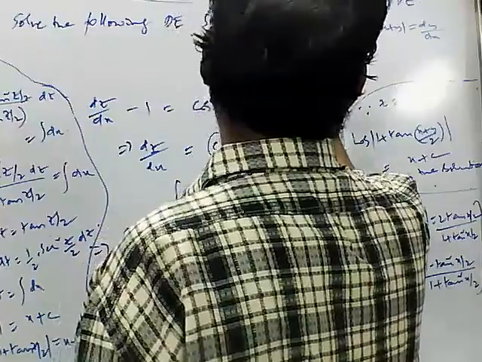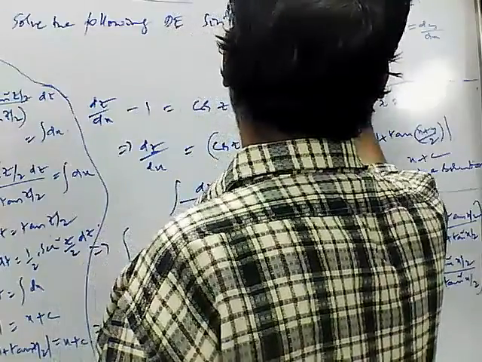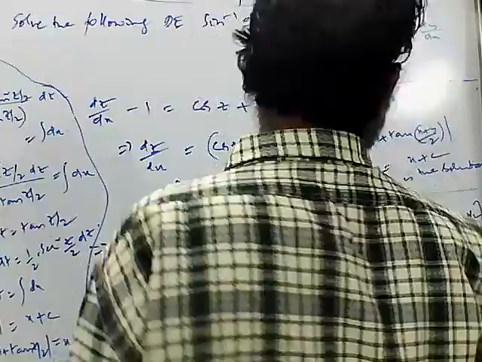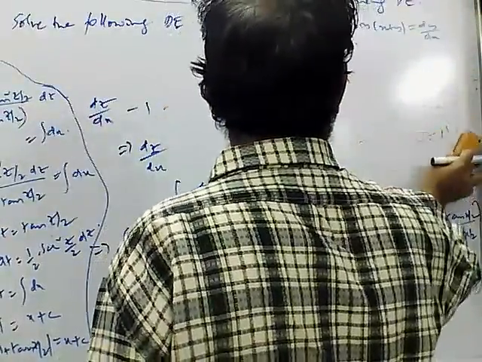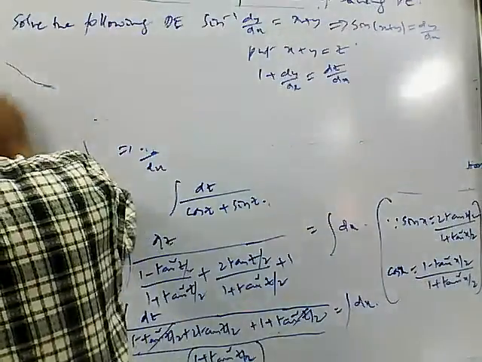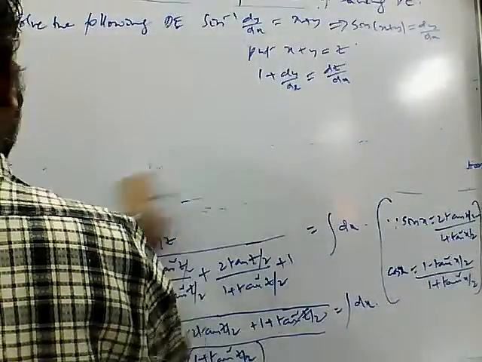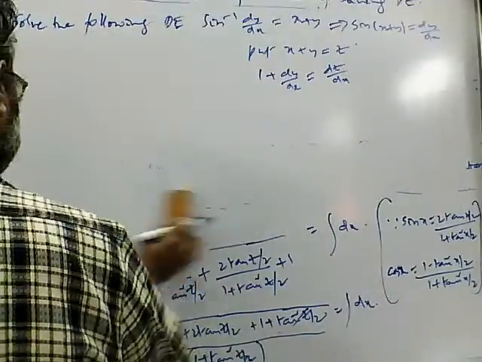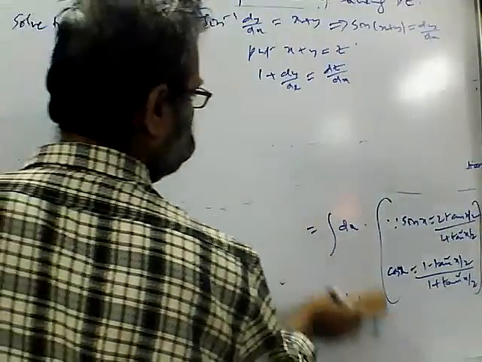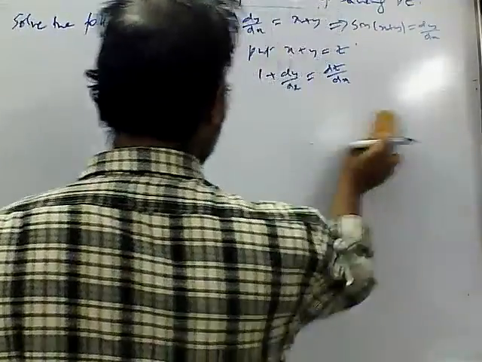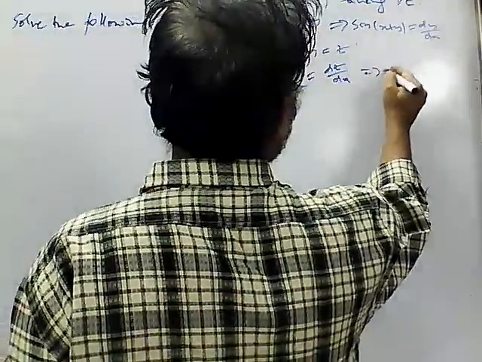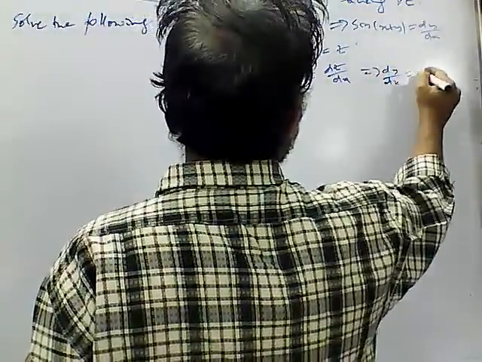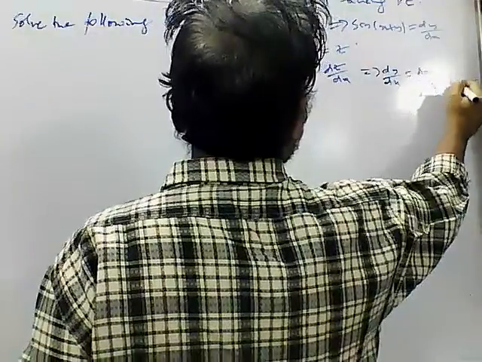Therefore, 1 + dy/dx = dz/dx. Now this implies dy/dx = dz/dx - 1.